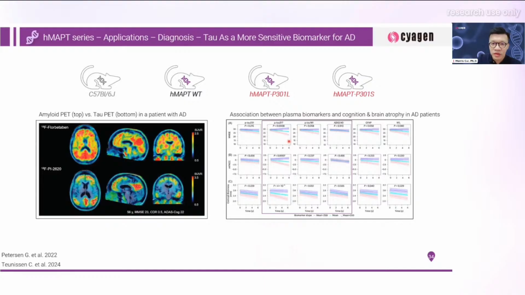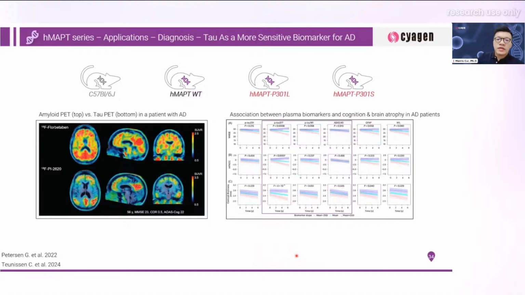As you can see here, regardless of phosphorylated tau 217 or tau 181, the p-value is much smaller in comparison to the inconclusive A beta 42:40 ratio. That being said, with the disease progressing, tau as a biomarker can more clearly reflect its process.